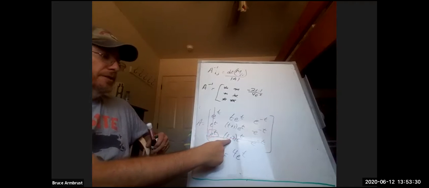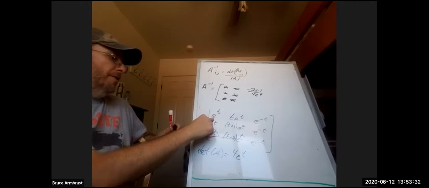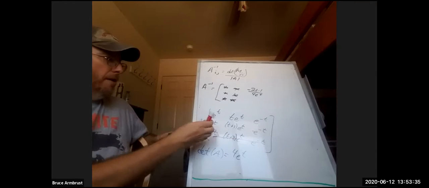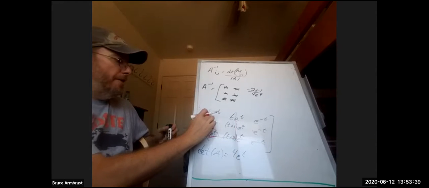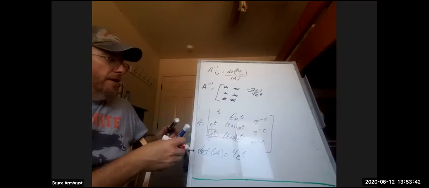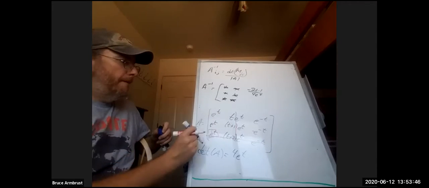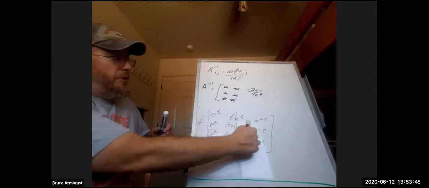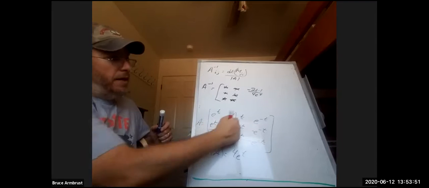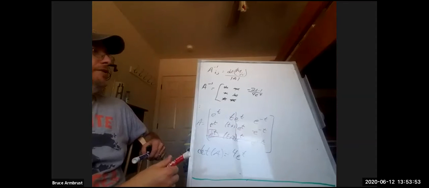So the next one I want is the 2, 3 spot, which means I need to come to 3, 2, which is this one. So notice that all I'm doing is going across the bottom row. But now I ignore that row and column, and I figure out the determinant of this minor. Okay, so we would get minus 1, minus 1, so that'd be minus 2. And then we'd have to divide by the 4 e to the t.